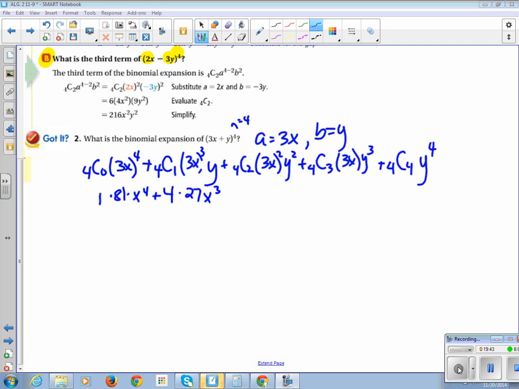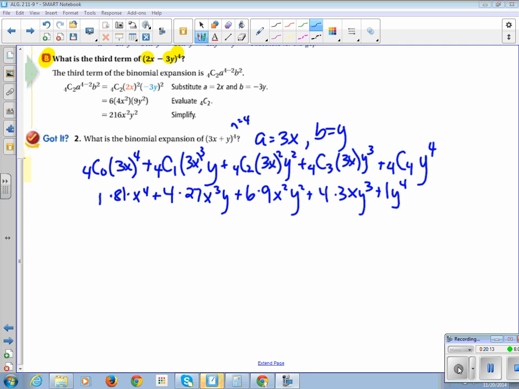X to the 3rd power is x to the 3rd, and y is y. 4 choose 2 is 6. 3 squared is 9. x squared is x squared, and y squared is y squared. 4 choose 3 is 4. 3 to the 1 power is 3. X to the 1 power is x, and y cubed is y cubed. 4 choose 4 is 1.